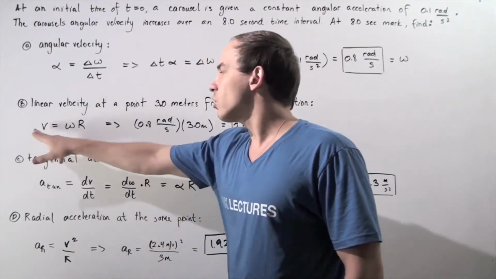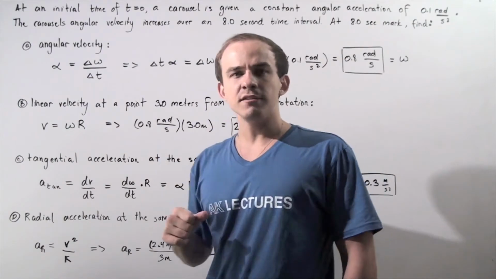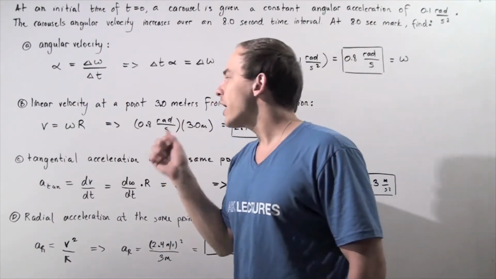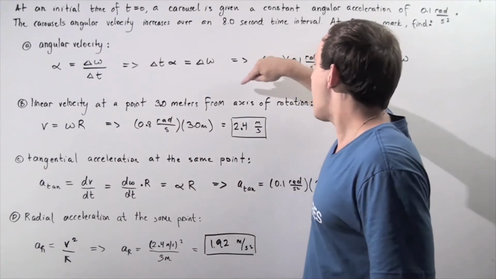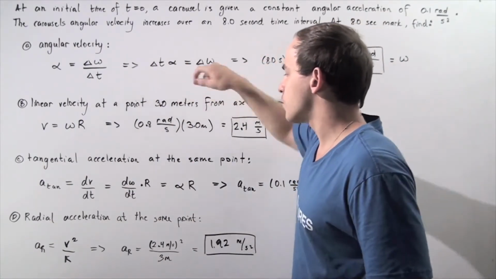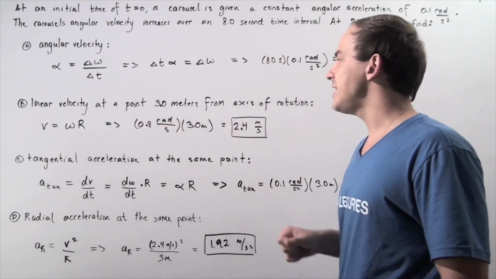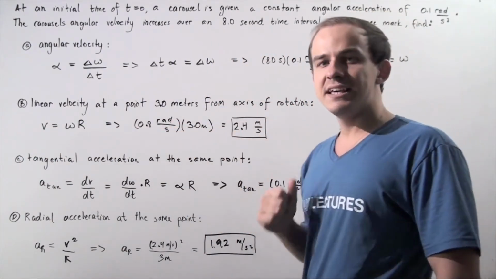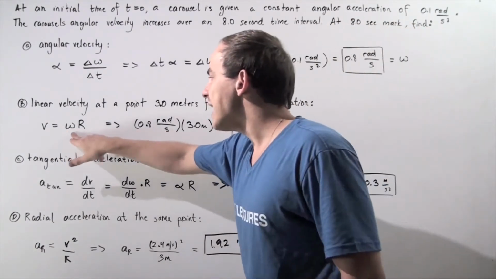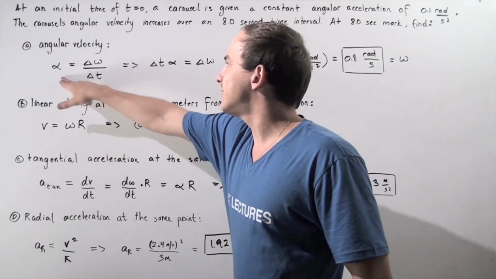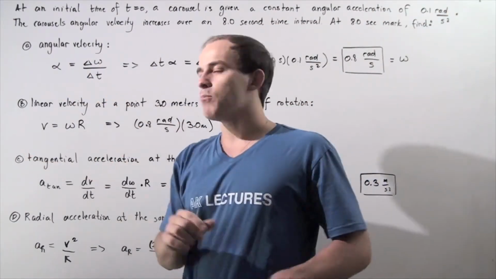So linear velocity is equal to the product of the angular velocity and our radius, the distance from that point to our axis of rotation, which is 3 meters. So we see that velocity is equal to 0.8 times 3, and that gives us 2.4 meters per second. Now, the omega, our angular velocity, is identical to the one obtained in part A. Now let's move on to part C.